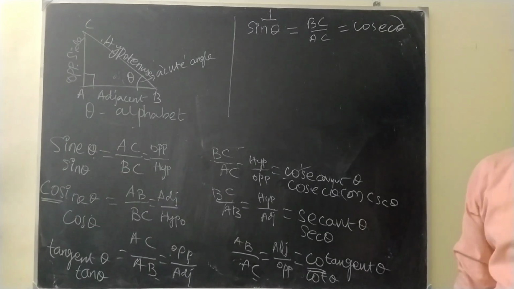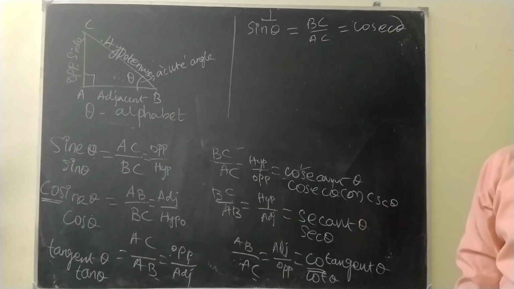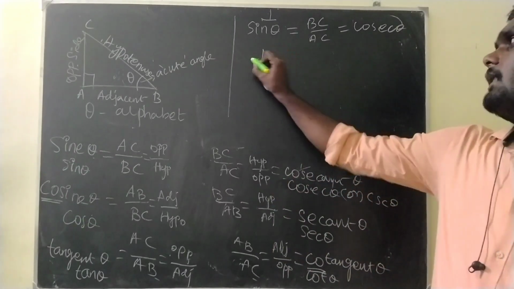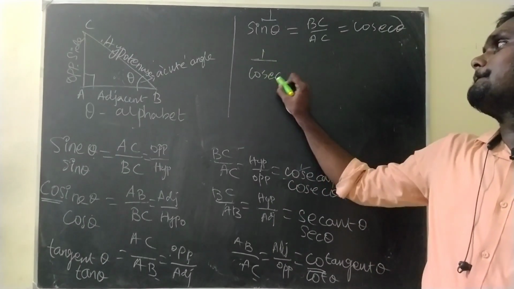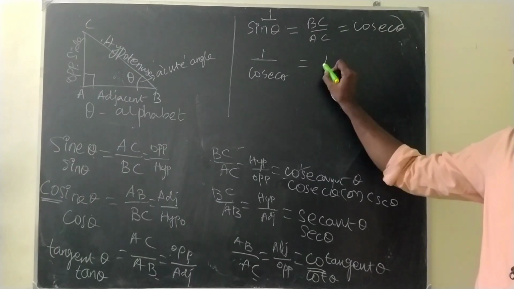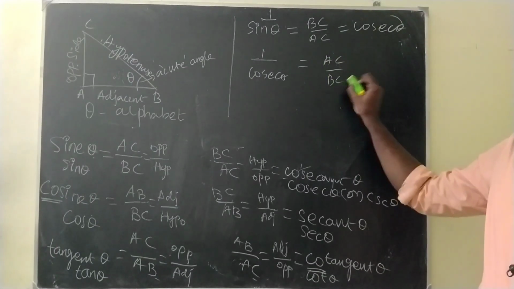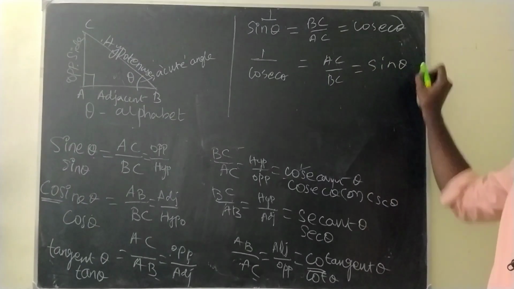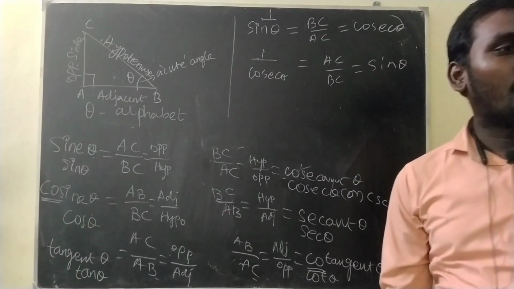Yes, that is sin theta. 1 by cosec theta equals AC by BC. So they are called reciprocals of each other.